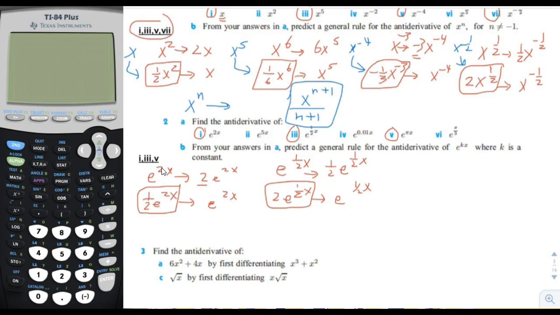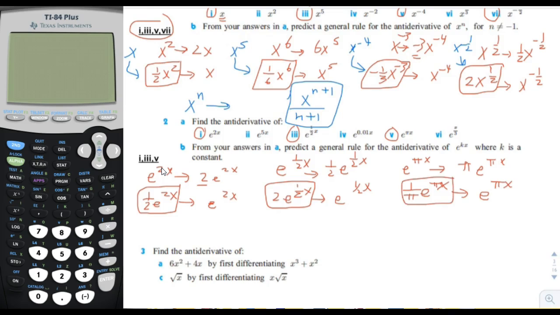And last of all, we have e to the pi x. To get the derivative of e to the pi x, we could just start with e to the pi x and see what we get. We end up with pi e to the pi x. So if we started out with 1 over pi e to the pi x, that would be perfect. It would end up with e to the pi x with no coefficient, which is what we wanted.